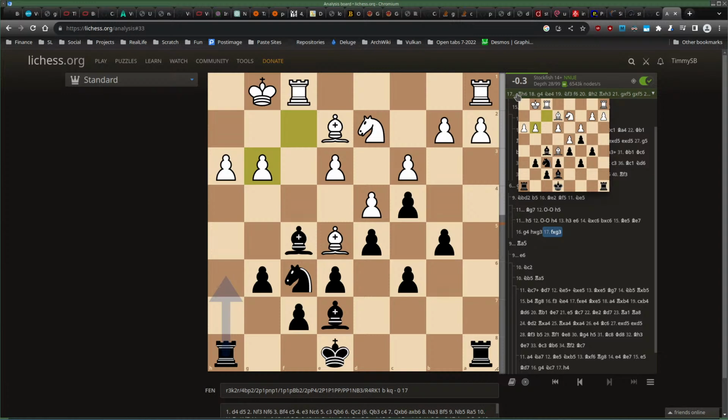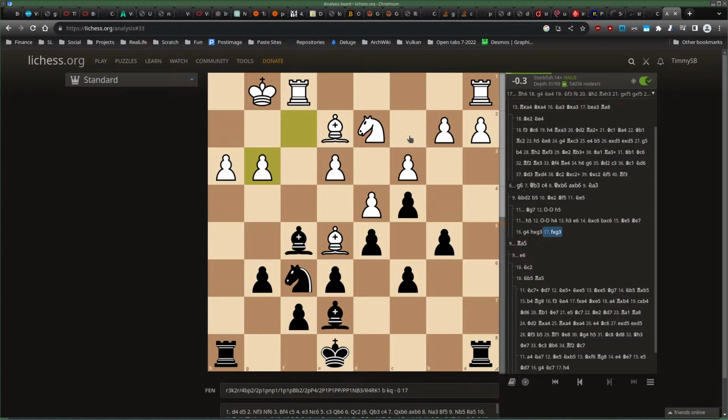I don't even want... what is this for a move? I would so take this pawn. Is this not possible? Or maybe it's not possible because of this move?